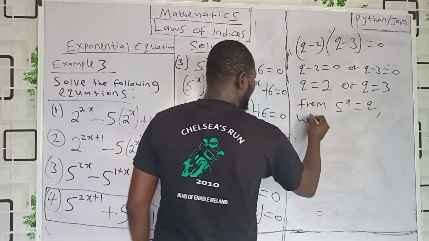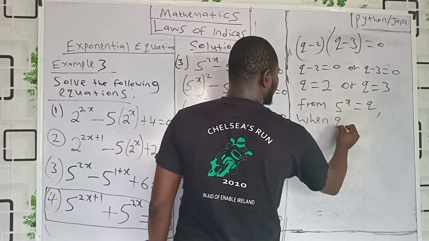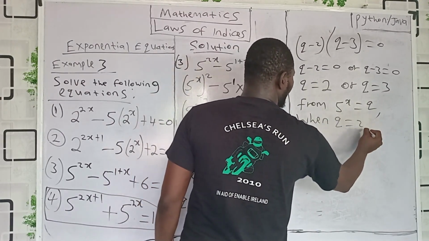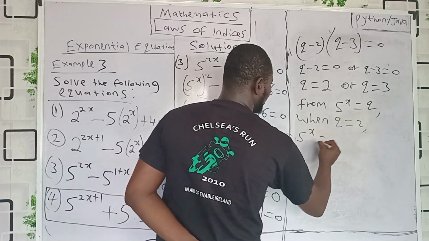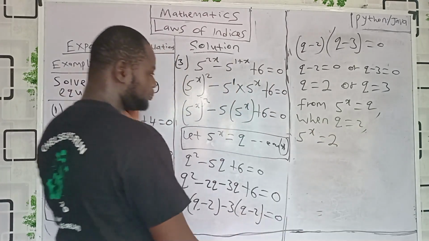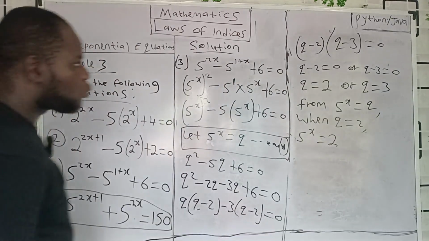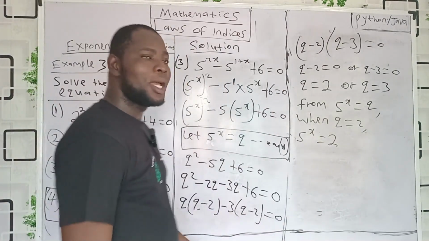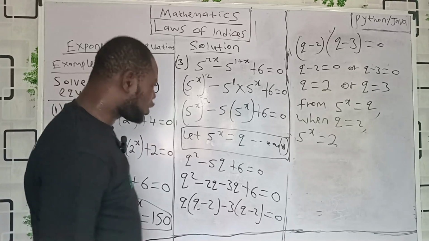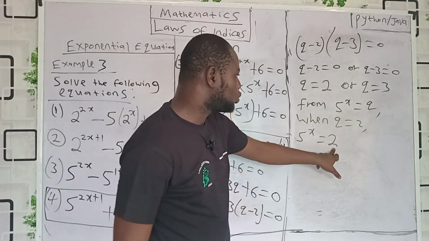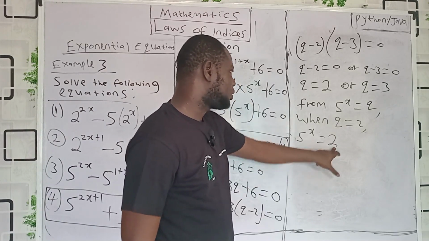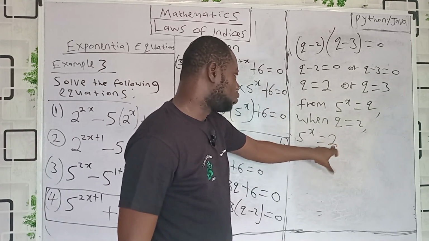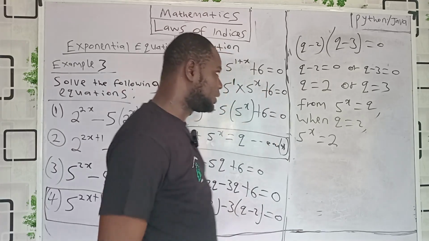Now say when q is 2, we now say 5 raised to power of x is equal to 2. But let's look at this, this is beautiful. There's no way we can express 2 as 5 raised to power something. It's not possible, isn't it?